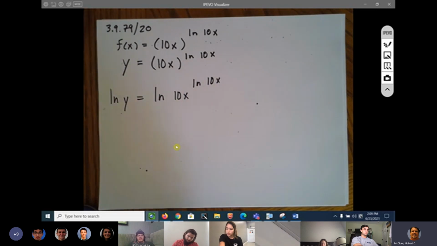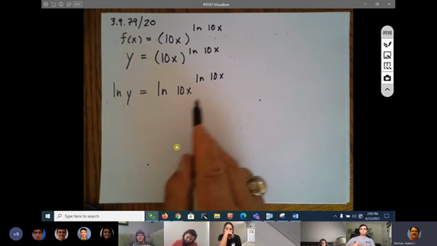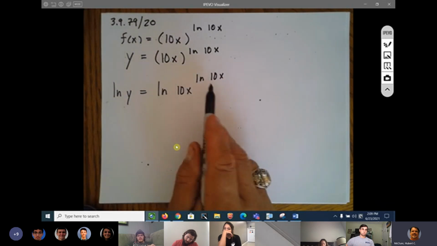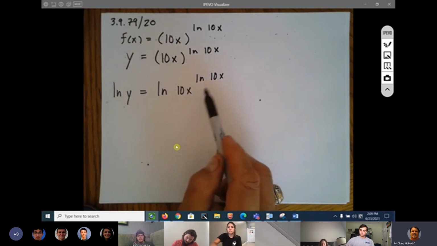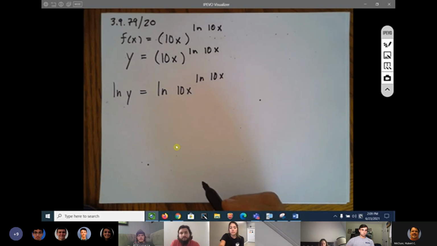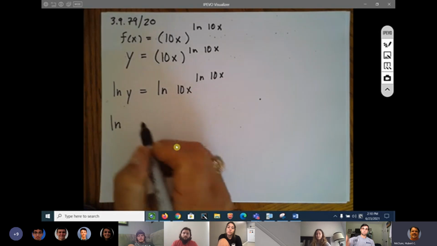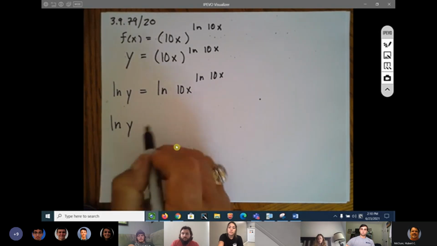Okay, now you should see something with the logarithm properties. Look at the logarithm properties right here. Can anybody tell me what kind of logarithm property I can use right here? Not the product rule, but the power rule. There's not a chain rule in logarithms.